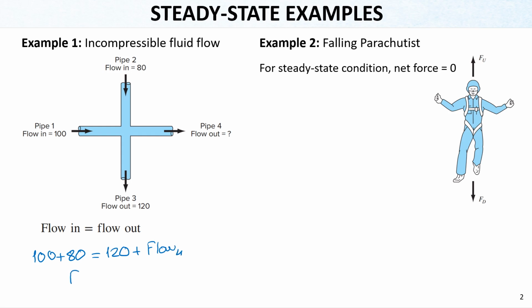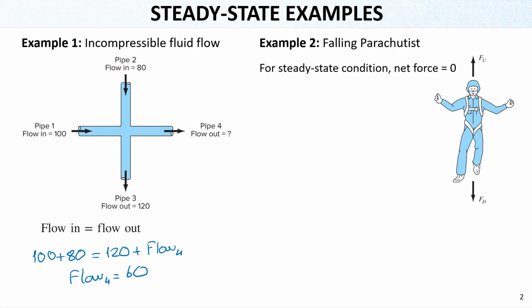So from here we can calculate flow 4 easily as 60. There is a balance of the flow in and flow out, and because there is no change in time or in any other term, this means we have a steady state problem.